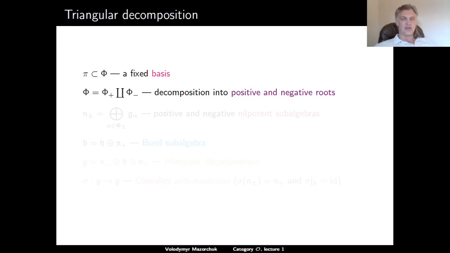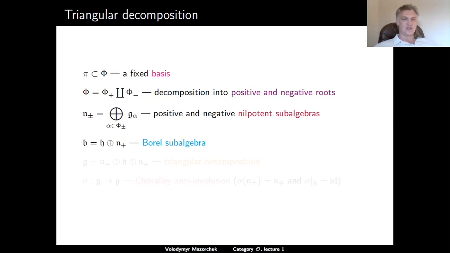And the set of all negative roots are the roots which have non-positive integral coefficients when written as linear combinations of elements in the basis. By adding up all root subspaces corresponding to positive, respectively negative roots, we get the positive, respectively negative nilpotent subalgebras n plus and n minus.